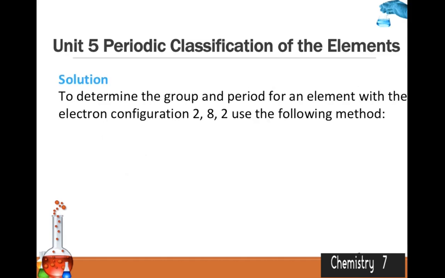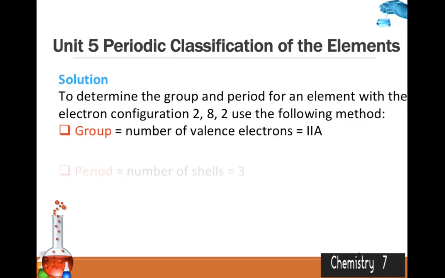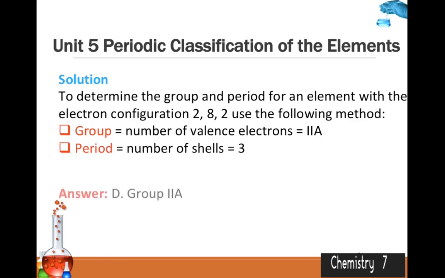To determine the group and period for an element with the electron configuration of 2, 8, 2, use the following method. The group is the number of valence electrons, 2A. The period is the number of shells, 3. The answer is D, Group 2A.